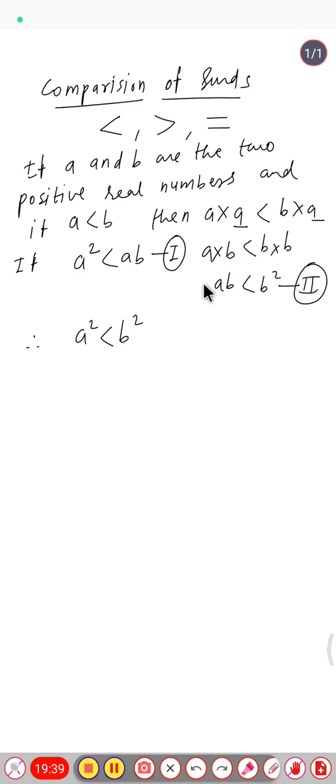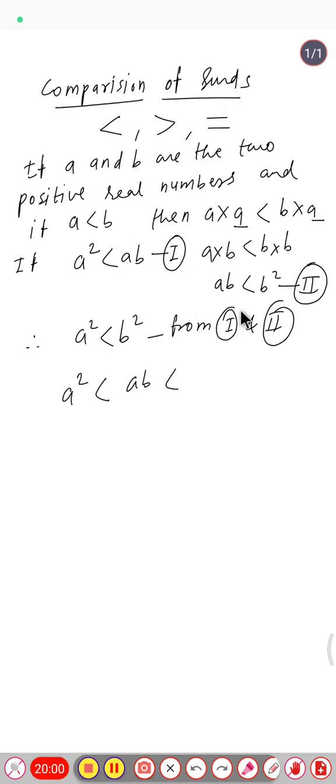Here it's AB, you can see that in this series from 1 and 2, again you can simplify this: A square, then AB in the middle, and then B square. So ultimately you can compare these terms and find this out. Understand?